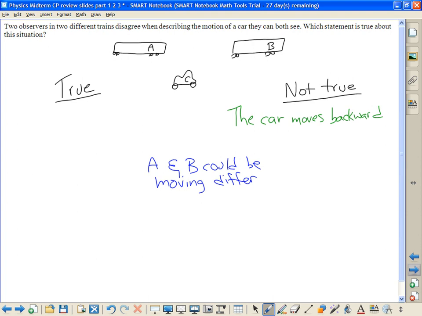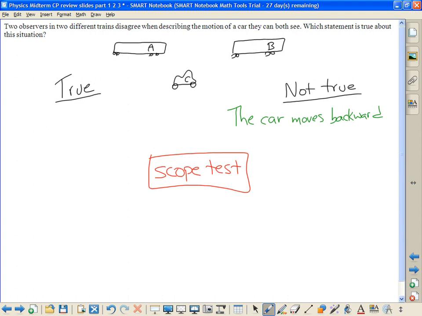It's their direction. Just look, whatever ends up there in the end, the road to happiness is to use the scope test. Now, if there's a choice like this, let's say the car is at rest with respect to the ground.